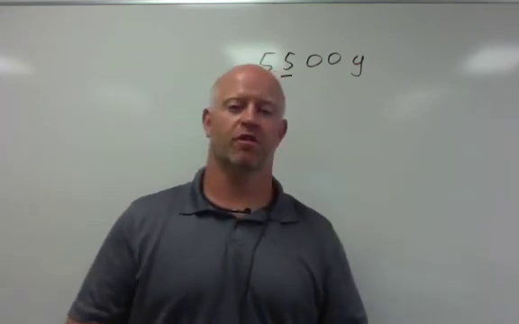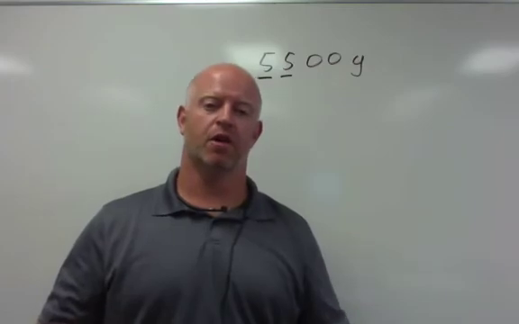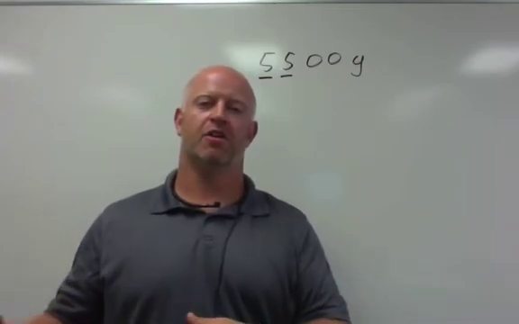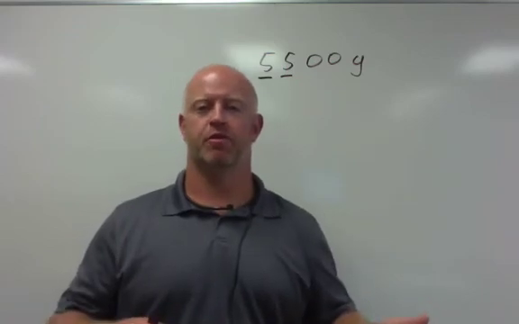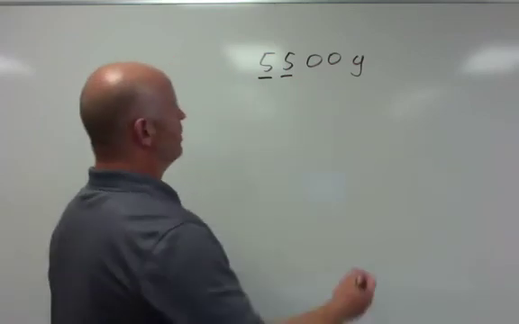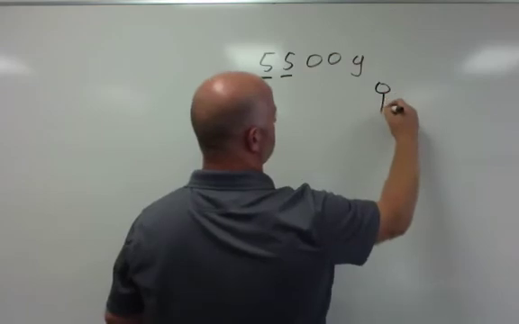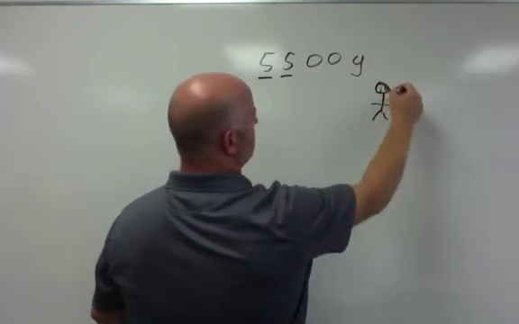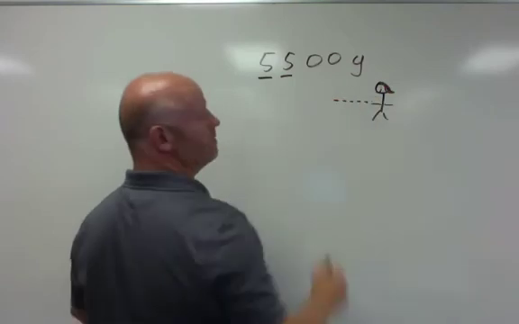Rule 3 tells us we start on the right-hand side of our number and work our way to our first non-zero. That value and everything else to the left is significant. So I start over here, and I'm going to work my way this way.